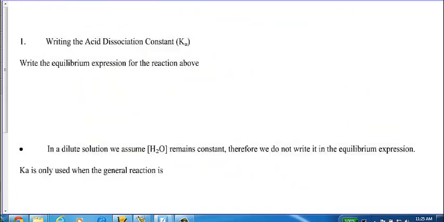Things we have to be able to do is write equilibrium expressions for weak acids dissociating. Strong acids will not have an equilibrium constant or equilibrium expression. But if you have a weak acid, which I'm just going to designate HA, weak acids react with water.